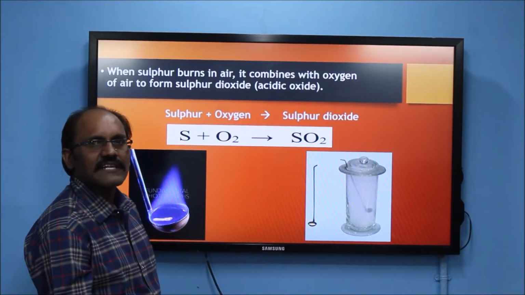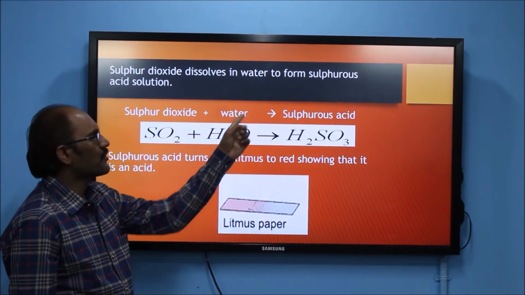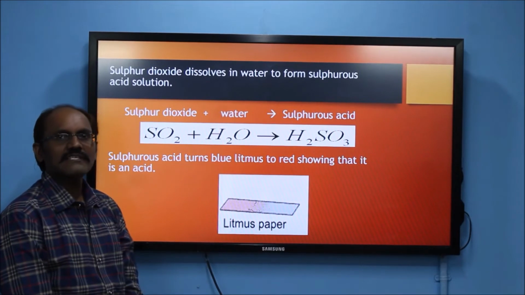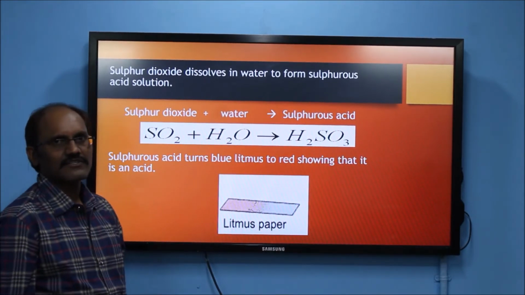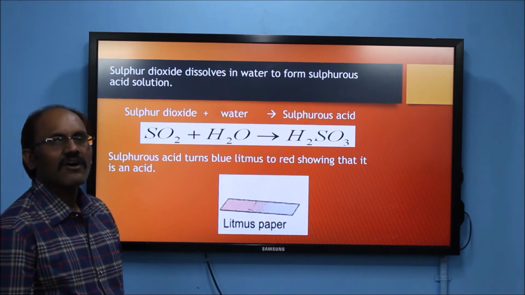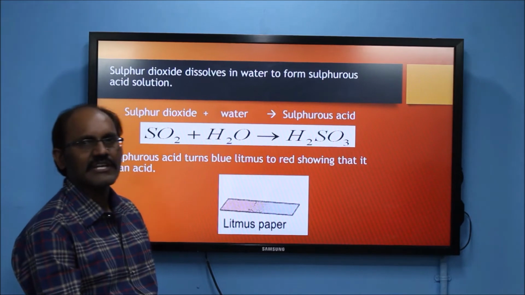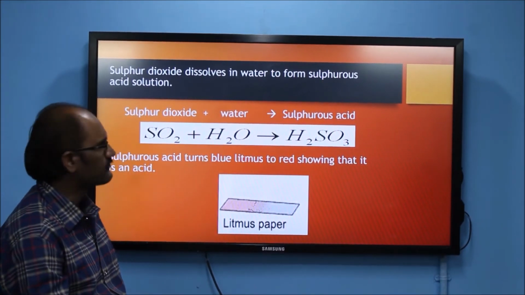When sulfur dioxide gas is dissolved in water, it produces sulfurous acid. Sulfurous acid turns blue litmus to red. So we can say that oxides of non-metals are acidic in nature. They turn blue litmus to red.